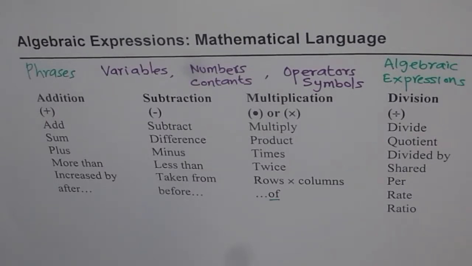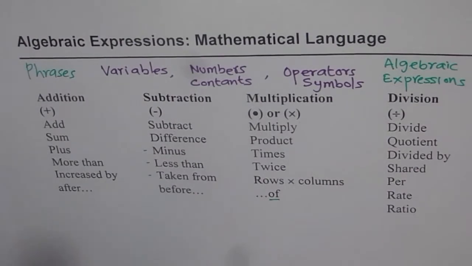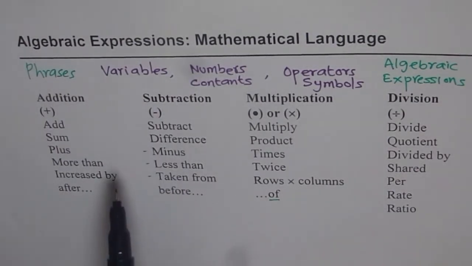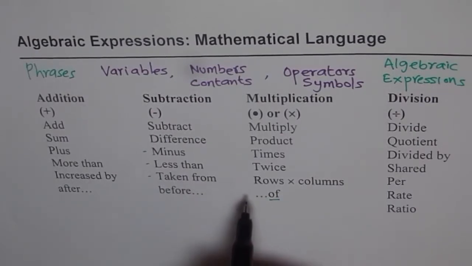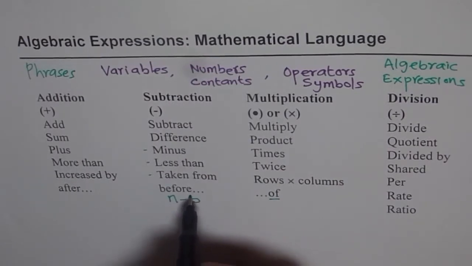into an algebraic expression. We also discovered that there is a lot of problem in converting phrases with the subtraction operation. You have to read those phrases very carefully. When I say it is 5 less than a number, then the number comes first. That means n minus 5.